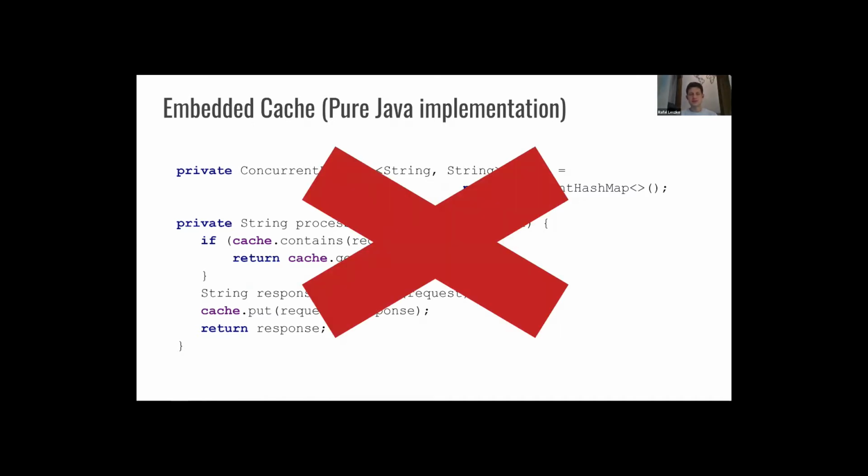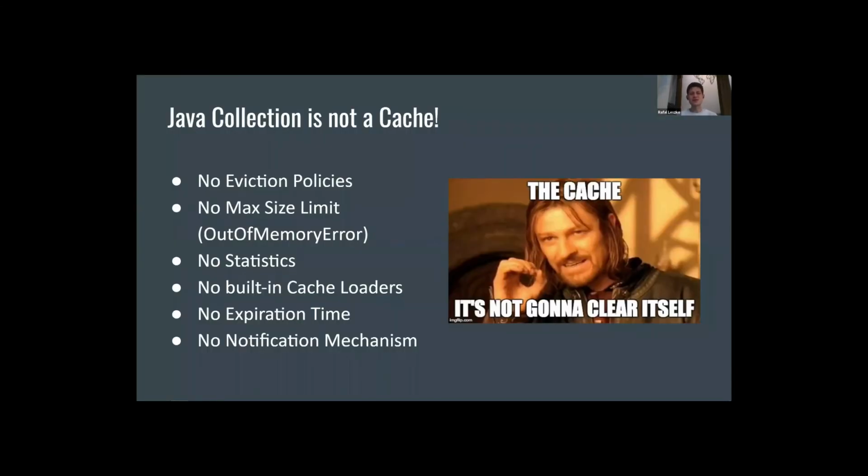Implementing any optimization like this yourself is not a good idea, because a Java collection, or any collection in any language, is not good as a cache. It has no eviction policy, no max size limit, no statistics, no built-in cache loaders, no expiration time, no notification mechanism. So it misses a lot of features that we would expect from a good cache.